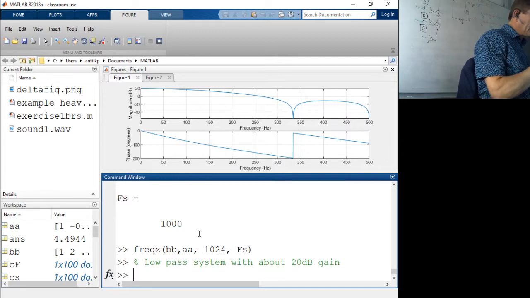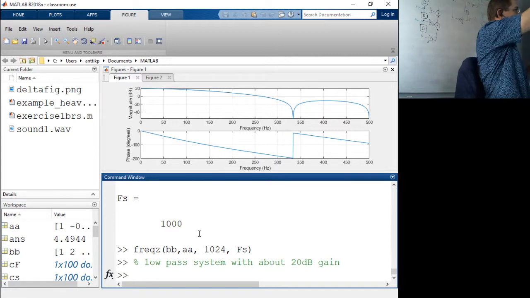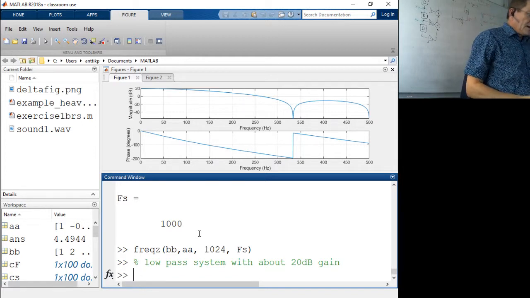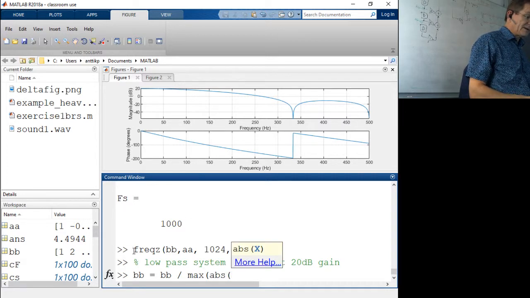Scaling this one to unity gain, we just need to divide the numerator system coefficients by the maximum gain of the current response. Then it comes down to 0 dB, meaning maximum gain of 1. So b equals b divided by the maximum value of the absolute value of the frequency response.